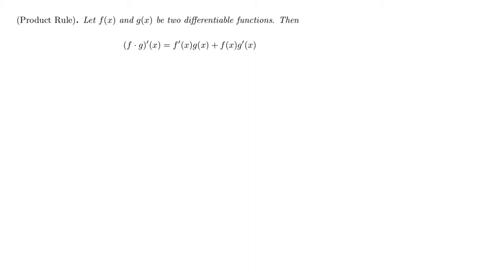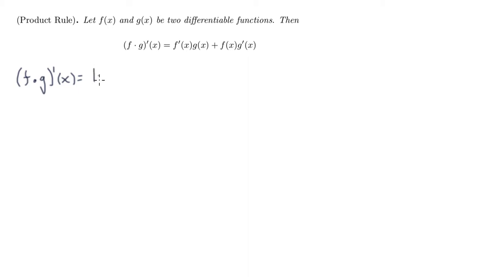But first of all, with any problem like this, if you're trying to show something, you just start by writing down what you know. Okay, so I'm trying to show that the derivative of this product is this. So let's just write down, by definition, what is the derivative of this product of two functions.